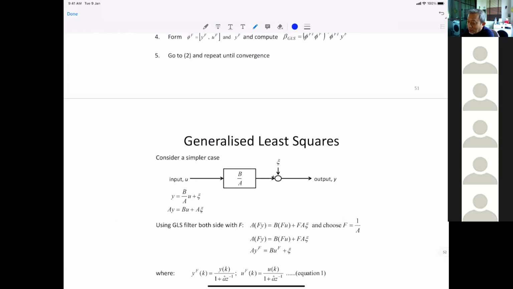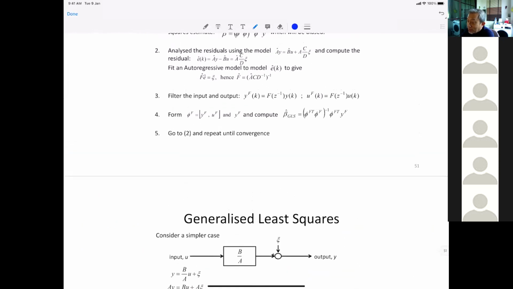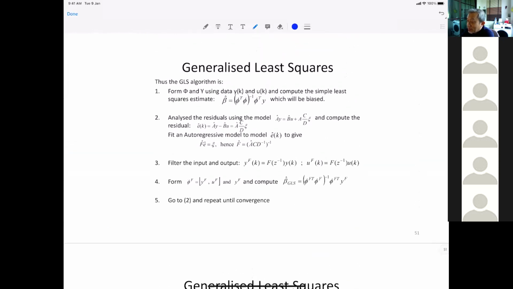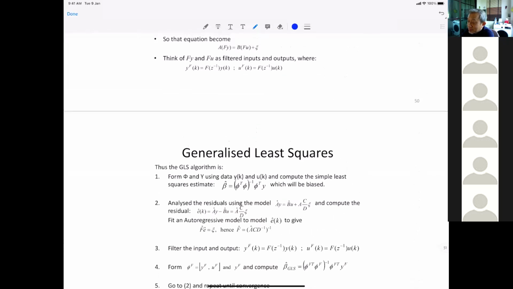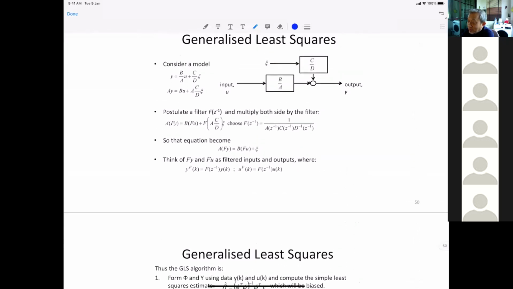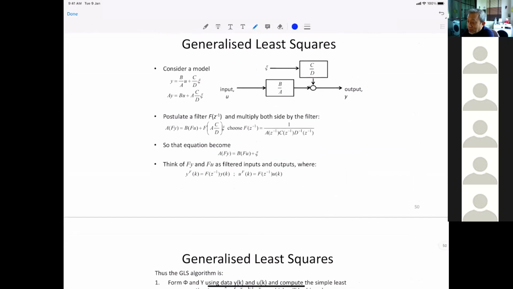Generalized least square, chapter 4, assignment. Exams dah siap, dah di komen, dah vet oleh panel. So dia ada 4 soalan, jawab semua soalan. Tak ada pilihan. Masa online nanti macam test one lah.